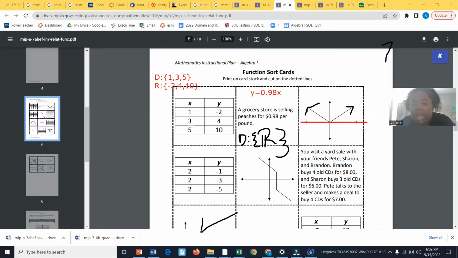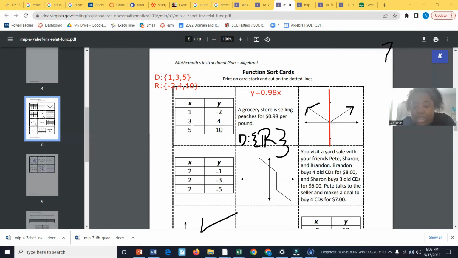Now the range is not going to be all reals because our graph is not one arrow going up, one arrow going down. Our graph has a specific starting point. So let me take away that line. Now we are talking about this line.